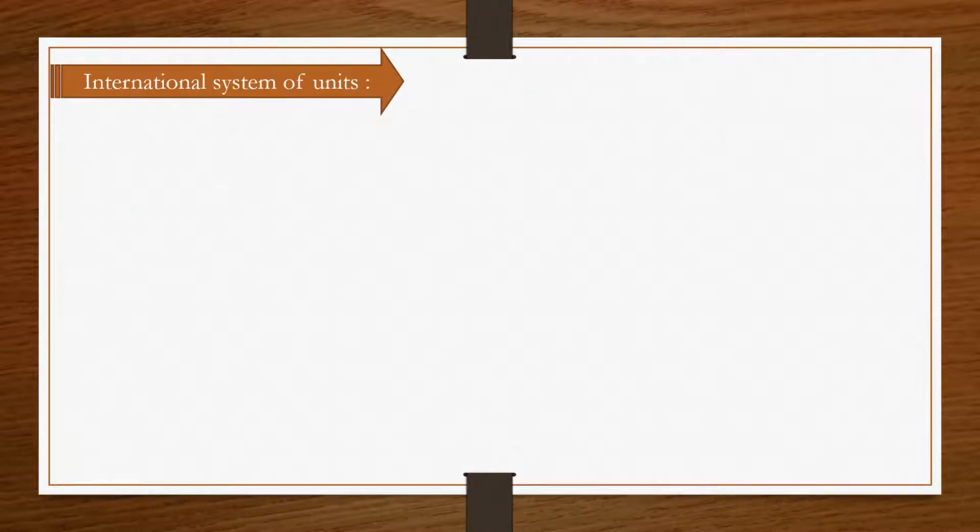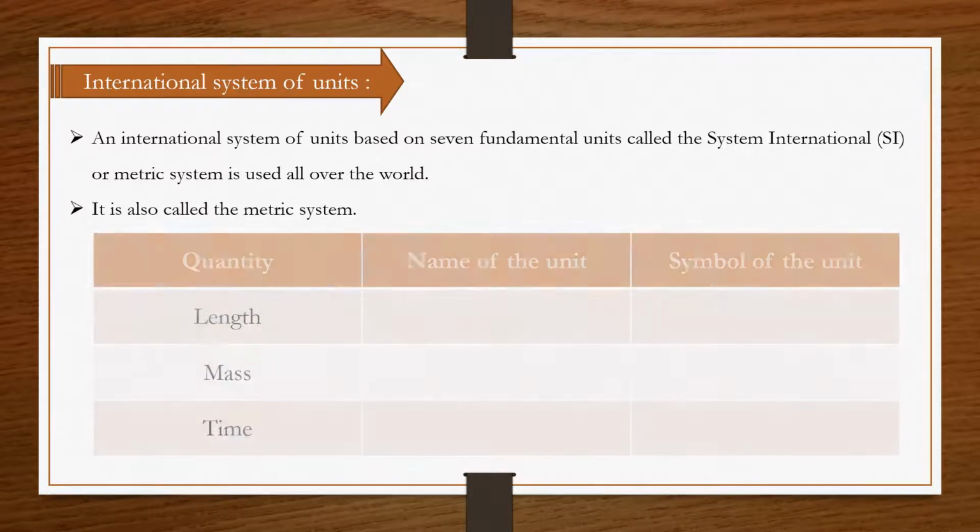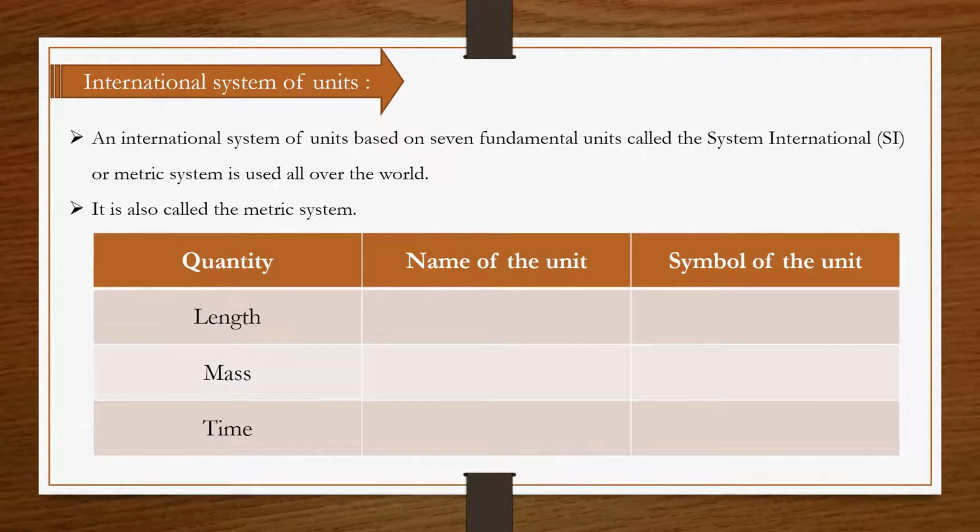Now let's understand about the international system of units. An international system of units based on 7 fundamental units, called the System International, that is SI, is currently used all over the world. It is also called the metric system. The names and symbols of the units of the fundamental quantities, length, time, and mass in this system are given in the following table.